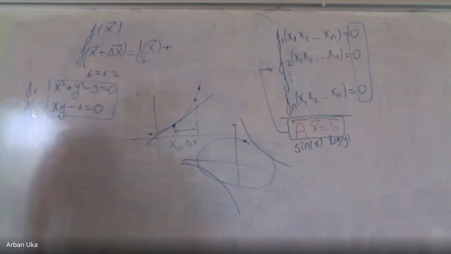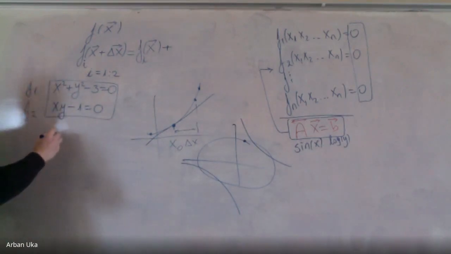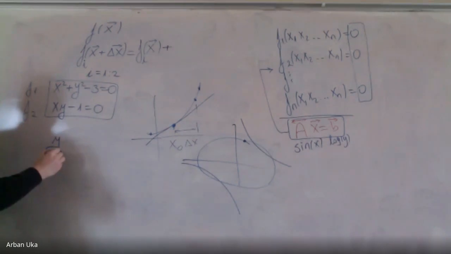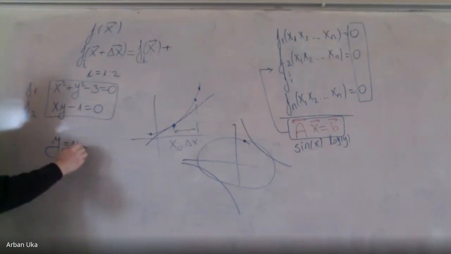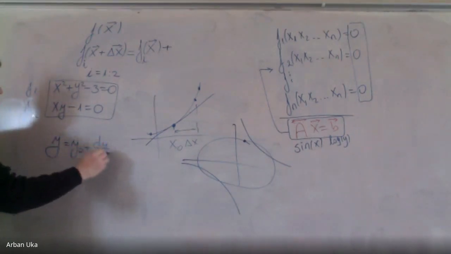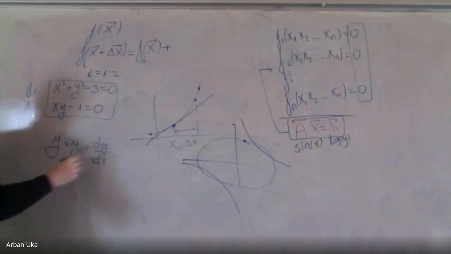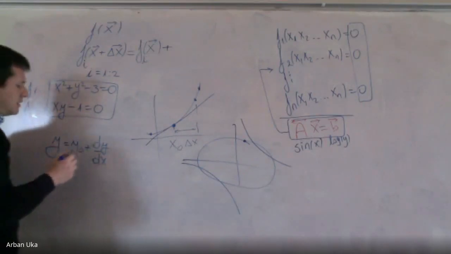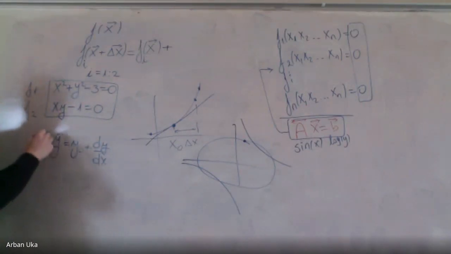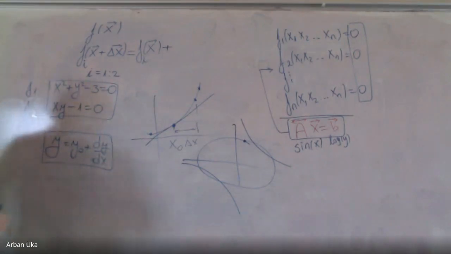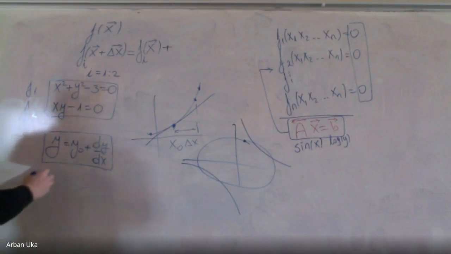Now let's remember how the Newton-Raphson method was when you had a single function. We used to write something like this. We said that y is equal to y0 plus dy over dx, right? So this is how we used to find the Newton-Raphson solution. So this is what we did for a single value.